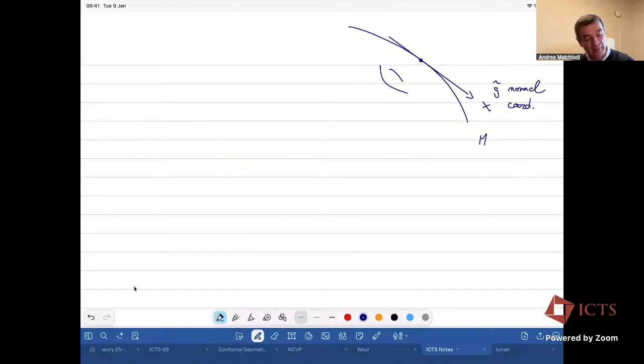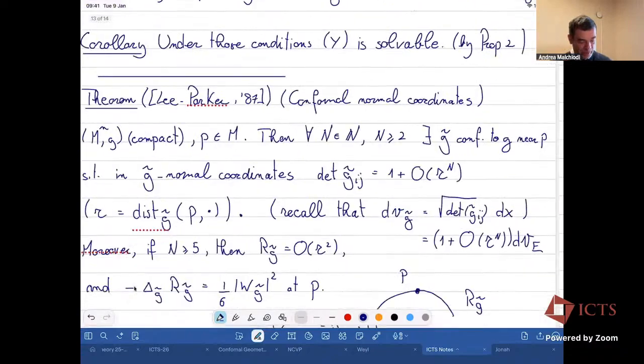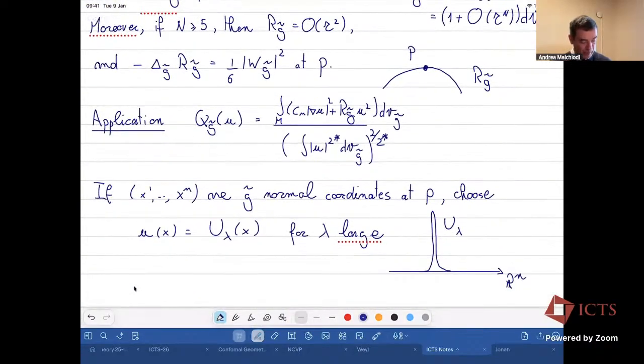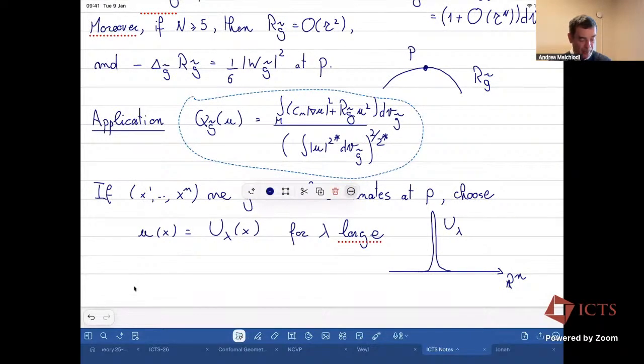And we take in these coordinates x little u to be a Euclidean extremal, very concentrated. Okay, then with a cutoff applied. All right, so let me also recall the Yamabe energy.